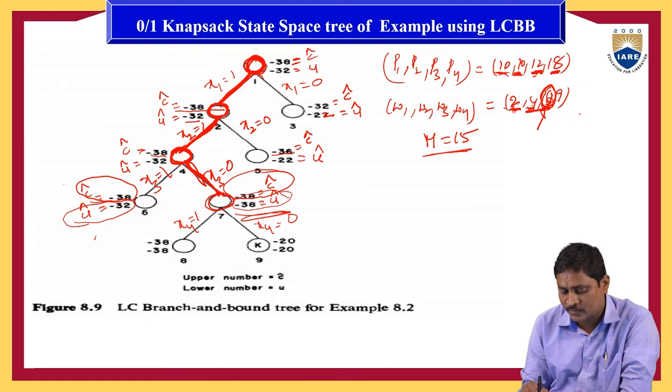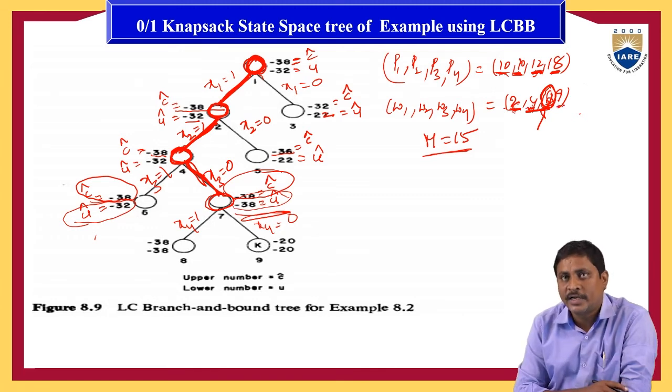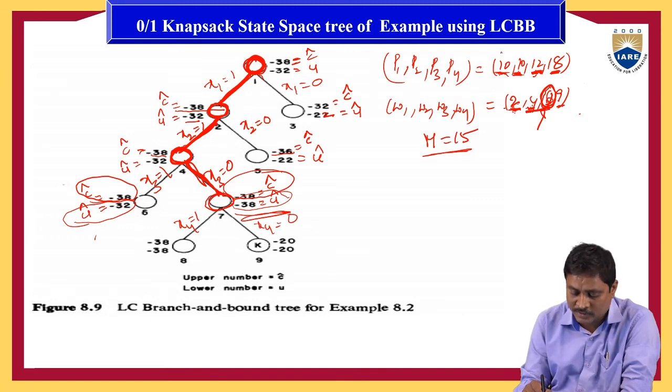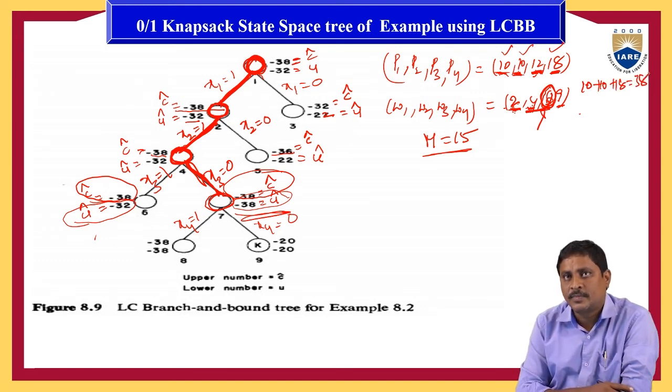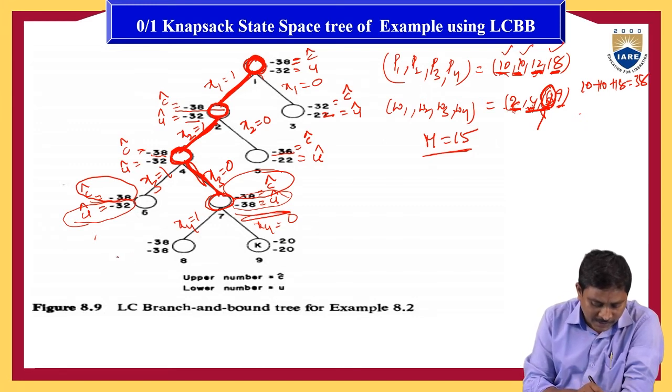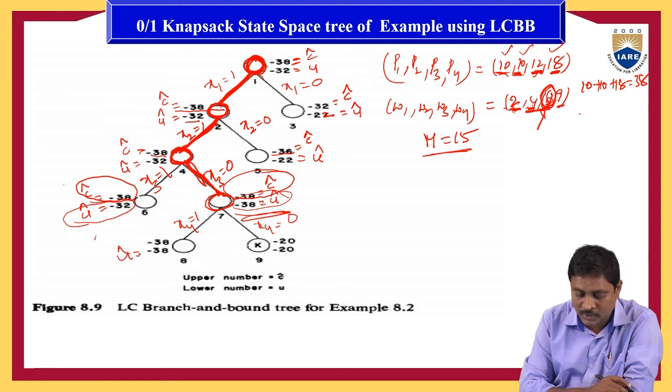We consider 2 plus 4, 6, plus 9, 15. The corresponding profit values are 10, 10, 18. 10 plus 10 plus 18 is 38. So minus 38 is the upper bound here.